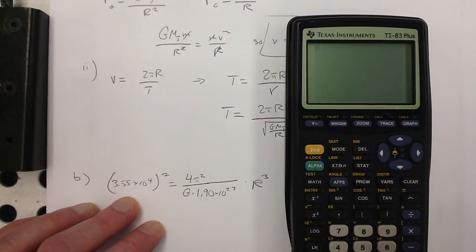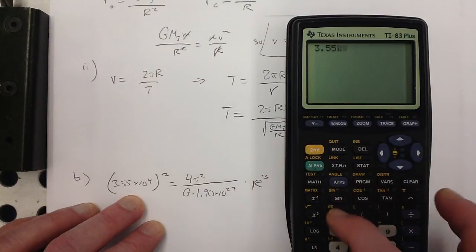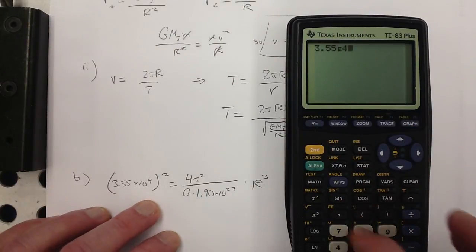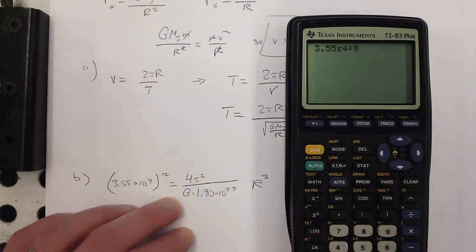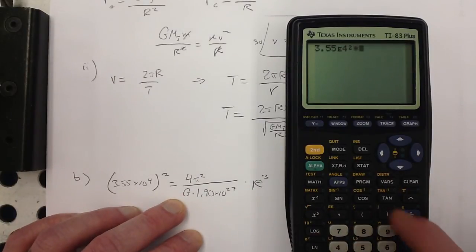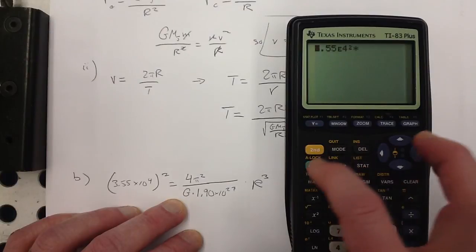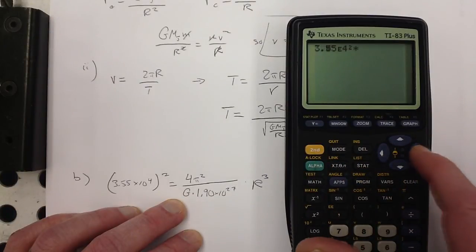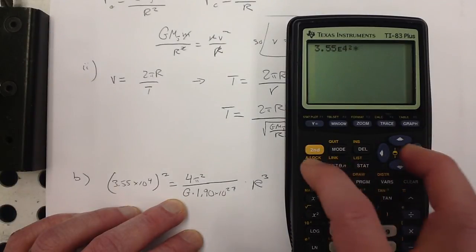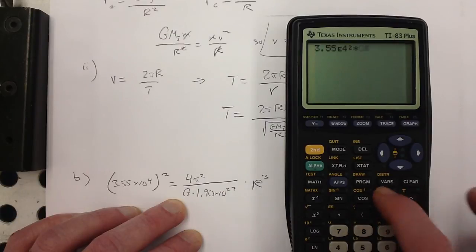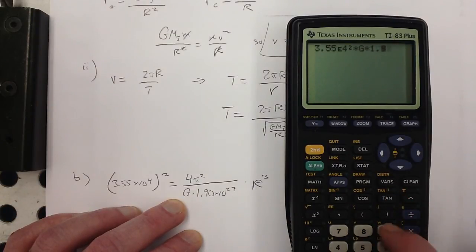Okay, so I have 3.55 times 10 to the 4th squared times G times 1.9 times 10 to the 27th.